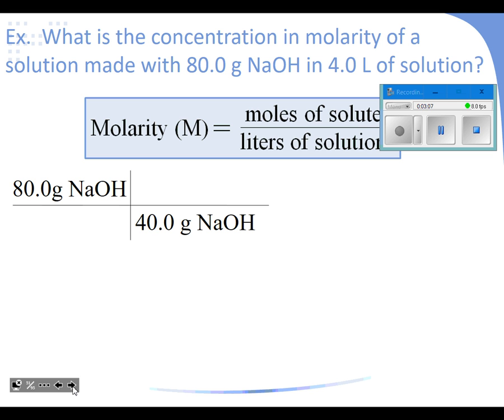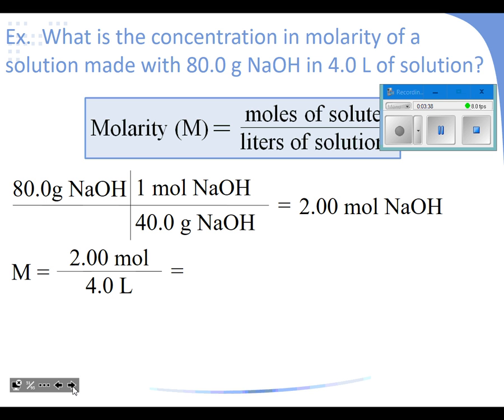We can look up sodium's mass, which is 23.0, oxygen's mass, which is 16.0, and hydrogen's mass, which is 1.0. If we add all 3 of those together, that is 40 grams. So that represents 40 grams for every 1 mole. That would cancel out our grams and give us 2 moles of sodium hydroxide.